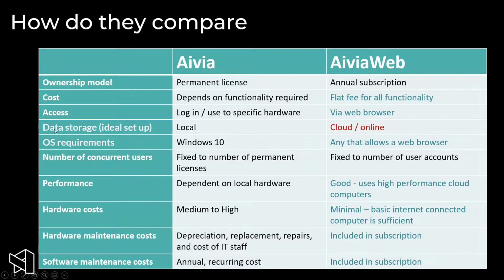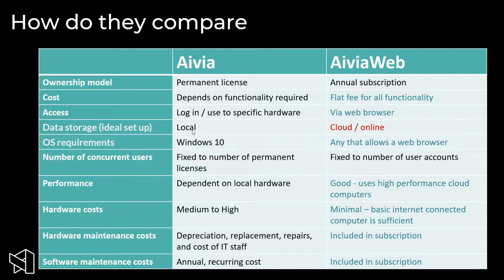This one is perhaps the key one that differentiates the kind of use cases for Aivia and Aivia Web. Data storage. With Aivia, typical is to have the data locally, and you have basically access to all of the data, and you can process it and have a quick processing of it locally.